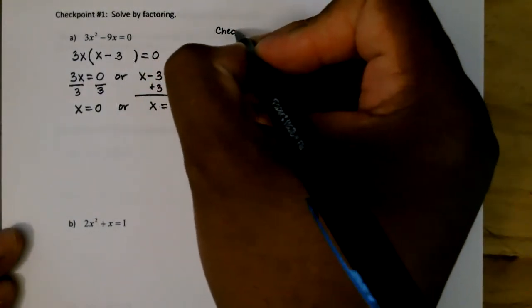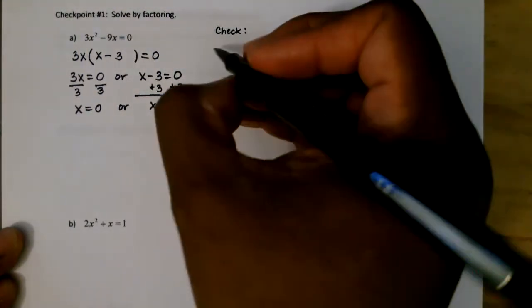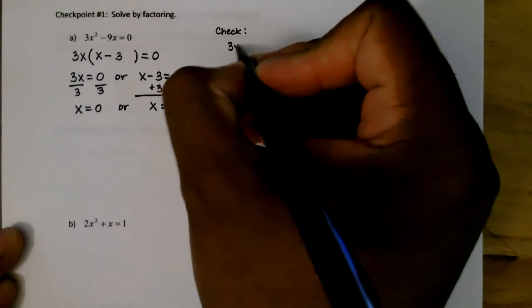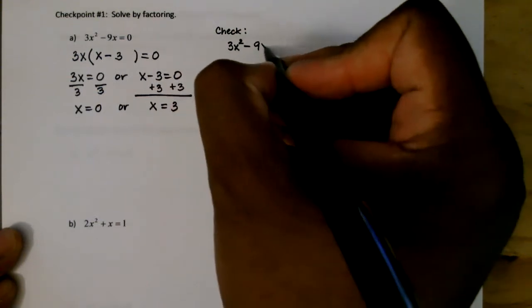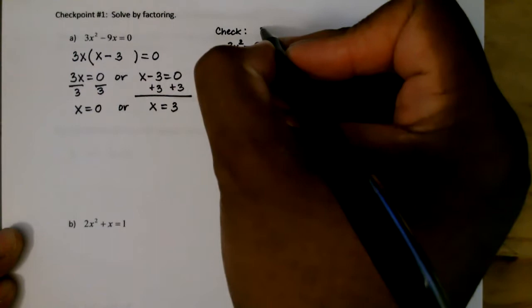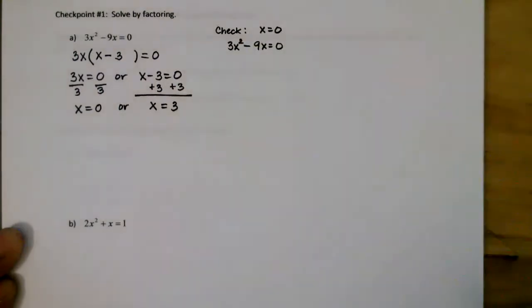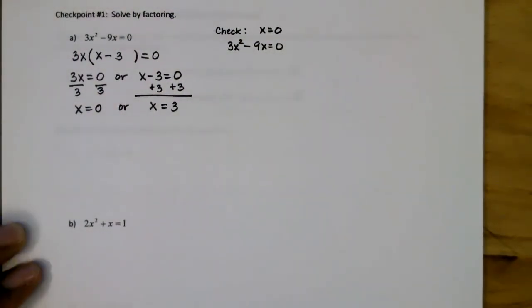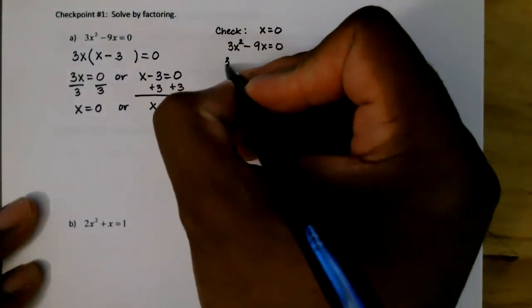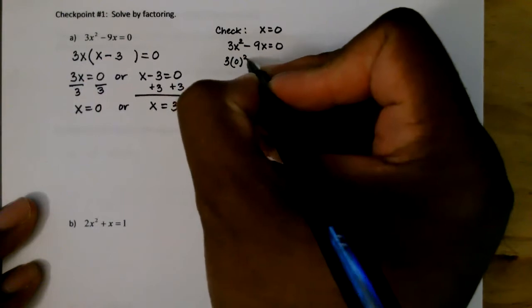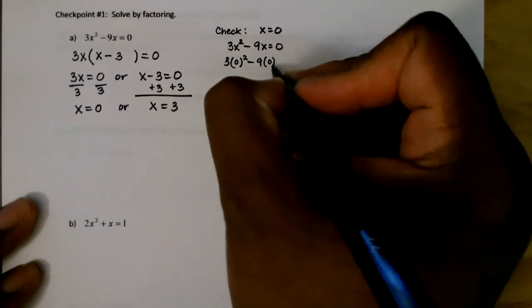Now to verify that, we'll go ahead and do the check on our proposed solutions here. And I'll start with x is equal to 0, which is going to be quite easy. So here we just substitute each x with 0 in this equation. So we got 3 times 0 squared minus 9 times 0.